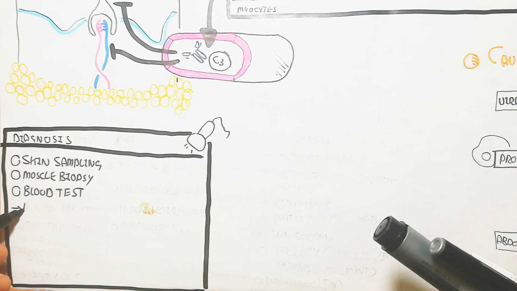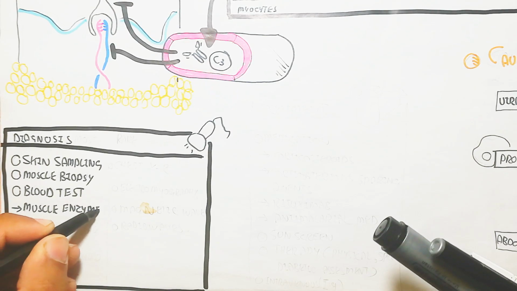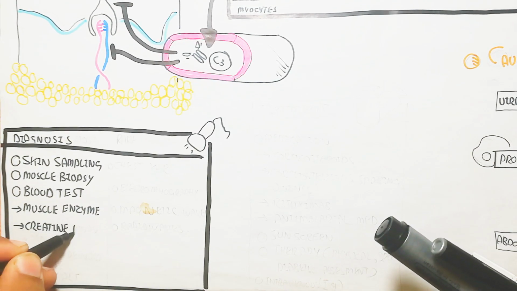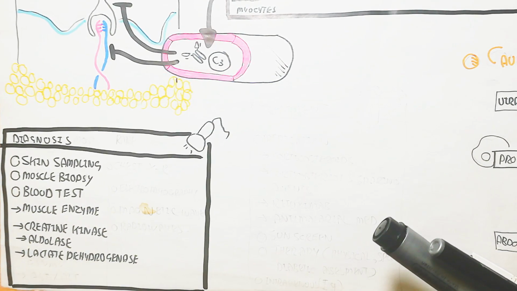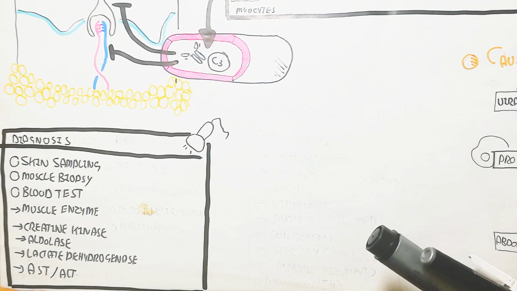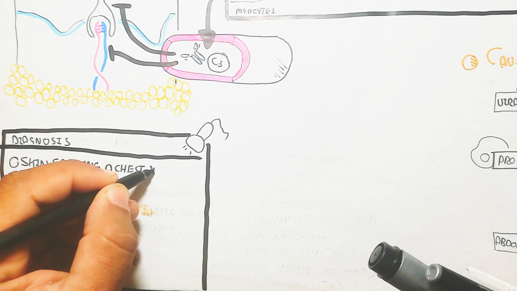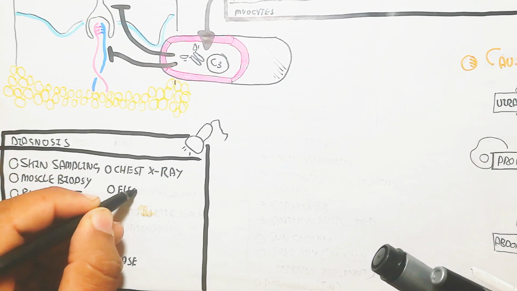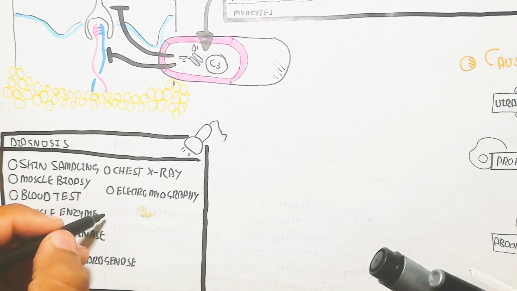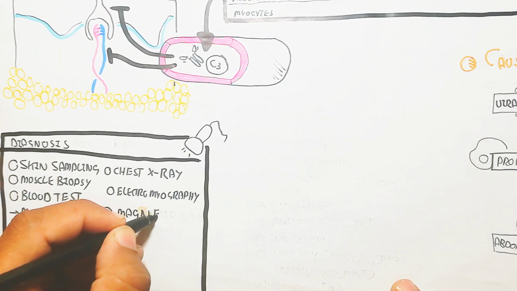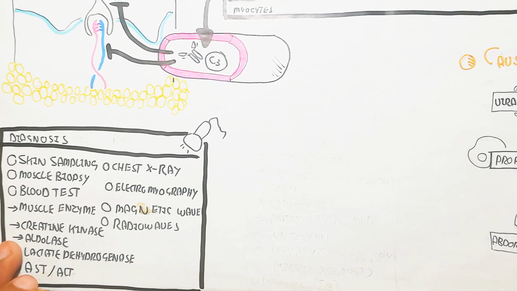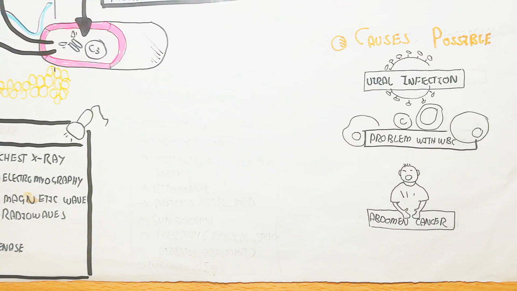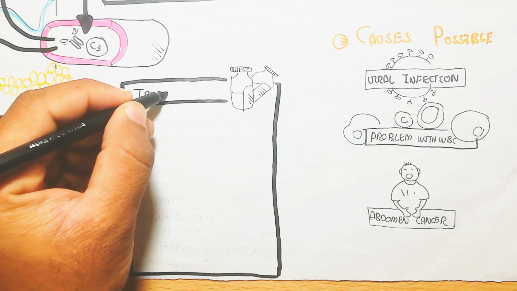The diagnosis is skin sampling or muscle biopsy, blood tests, muscle enzymes, creatine kinase, aldolase enzyme activity, lactate dehydrogenase, AST and ALT, chest X-ray, electromyography, and magnetic resonance and radio waves, which can rarely identify it through diagnosis.